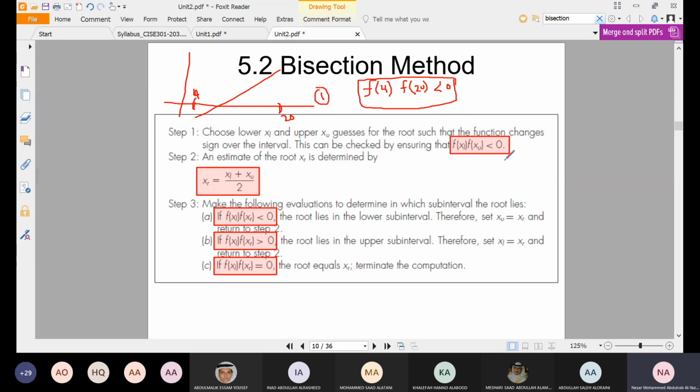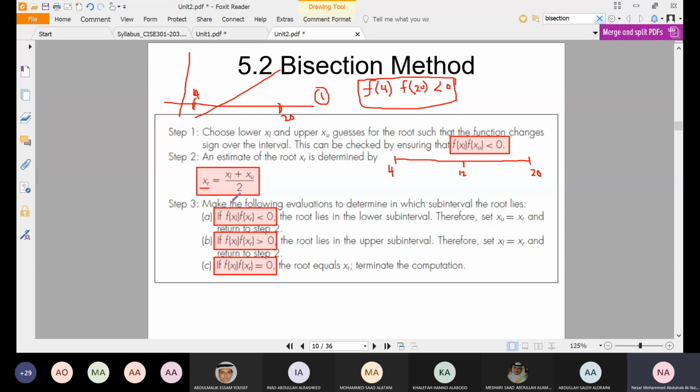If I start from 4 as the lower limit and 20 as the upper limit, I compute the midpoint: 4 plus 20 is 24, over 2, which will be 12.